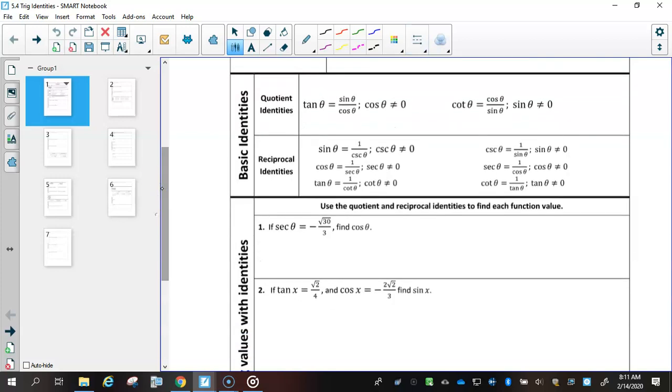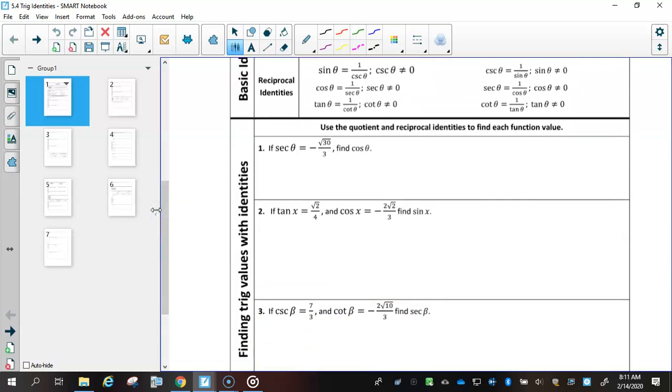Remember that your quotient identities are tangent equals sine over cosine, and cotangent equals cosine over sine. And then your reciprocals are whatever your trig function is equals 1 over the reciprocal. So with number 1, if we were looking for the cosine of this and we're given secant, what's the relationship between these two? They're reciprocals. So to find cosine, I would flip this.